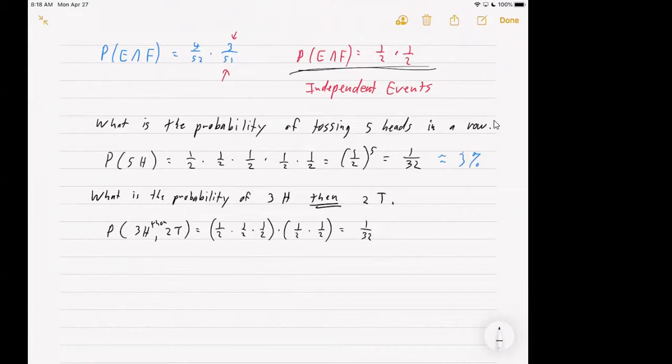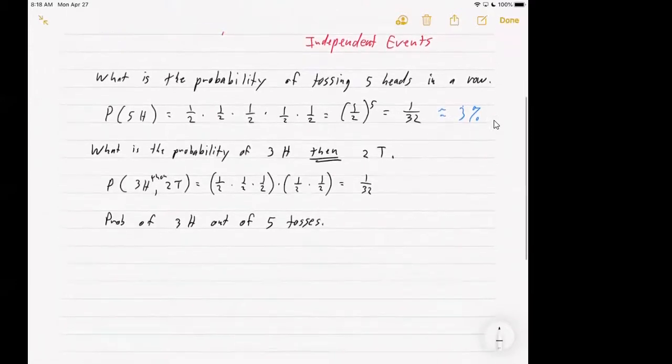All right. Now this is a much more interesting question. I'm going to shorten it just a little bit. Probability of 3 heads out of 5 tosses. Okay, so now we will get 3 heads and 2 tails, but we can do it in any combination.